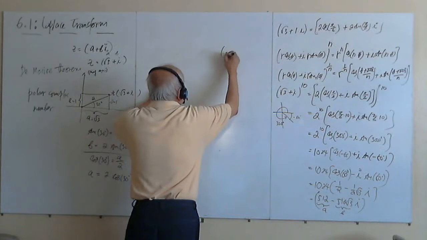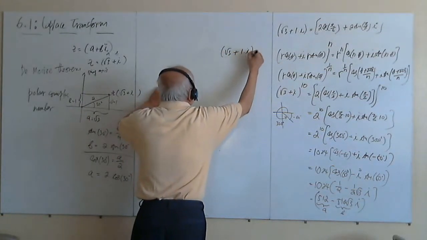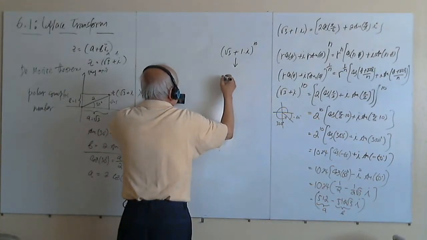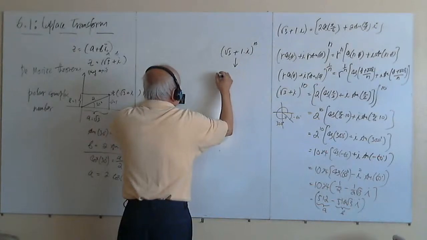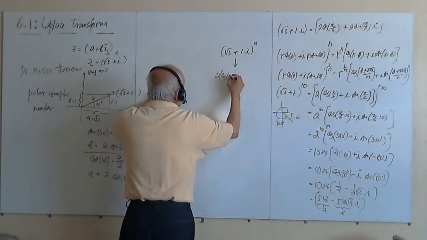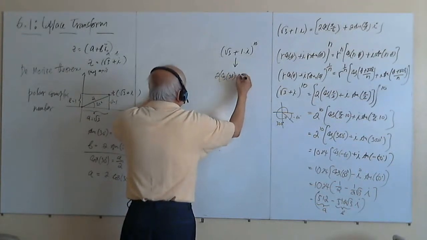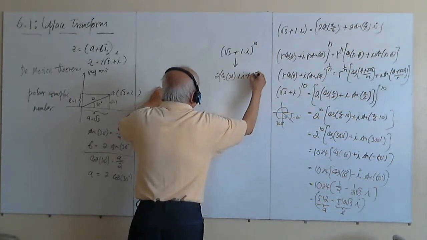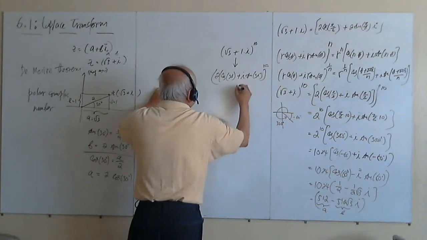So here I've got (square root of 3 plus i) raised to the power 10. First of all, I need to convert it into 2 times (cosine 30 degrees plus i sine 30 degrees), right? And then from here I get the result.